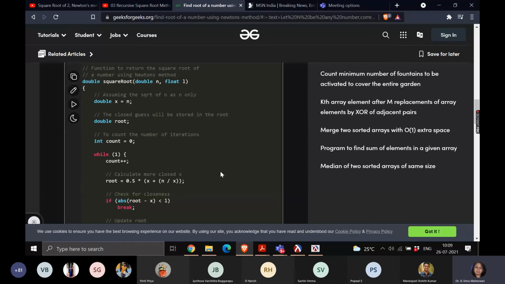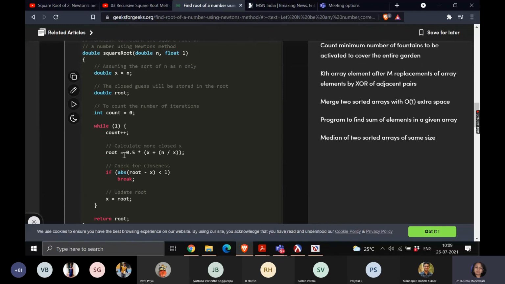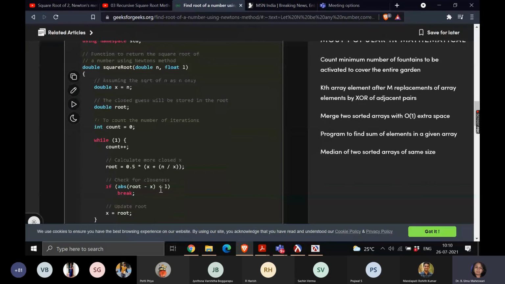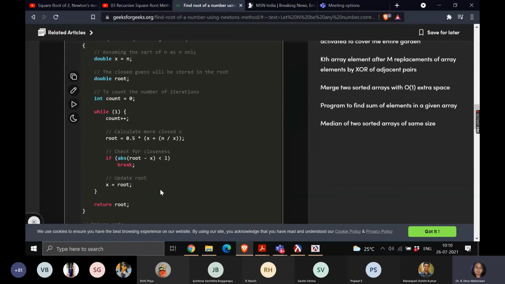This count is useful for how many times the loop is executed, and we are calculating the root. For breaking, we have an if statement: absolute of root minus x less than 0.001. Then we come out, and after coming out, we return the root. So the same logic is written here by using the while control structure.